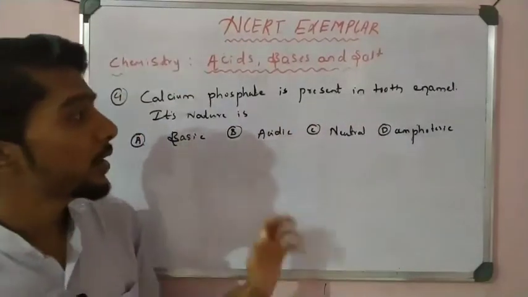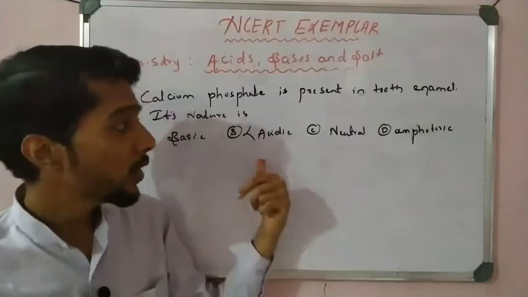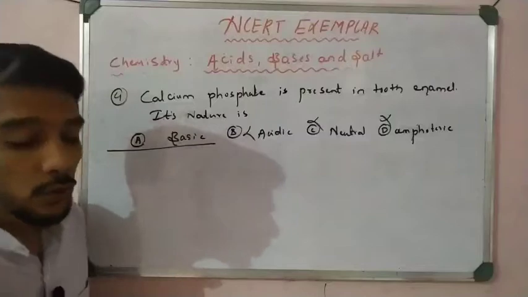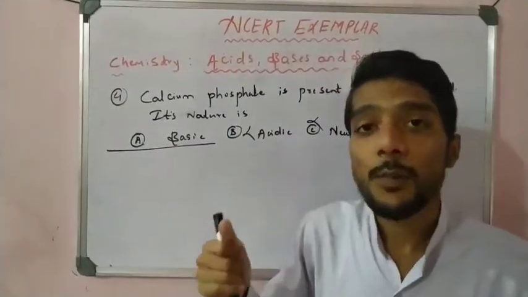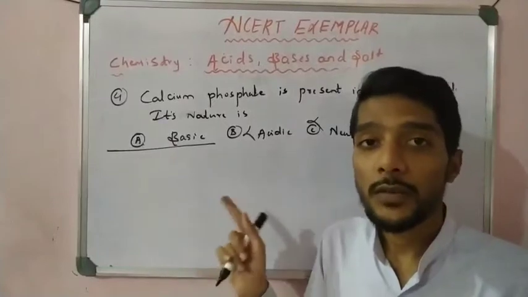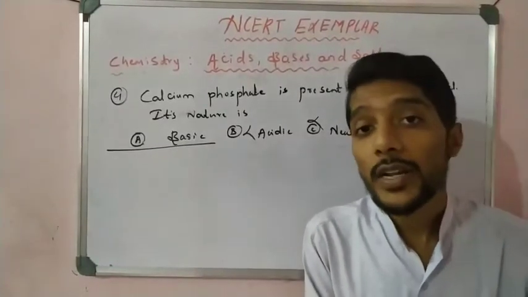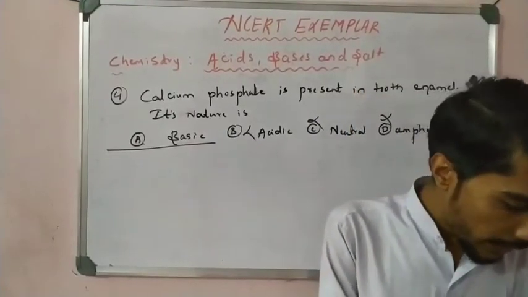So it is not acidic, because if it were acidic it would not be decomposed by acid. Not neutral, not amphoteric, so it is basic in nature. That is very important. Most of the time in examinations I find this question, and most students are confused and write acidic. No, calcium phosphate is basic in nature, students.